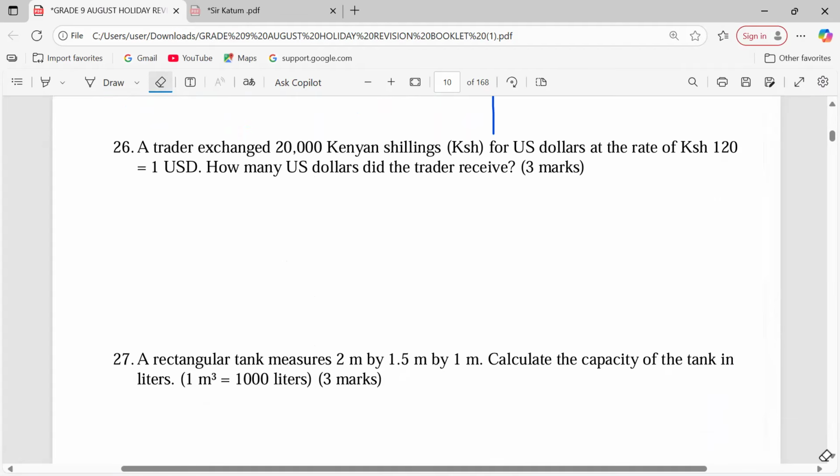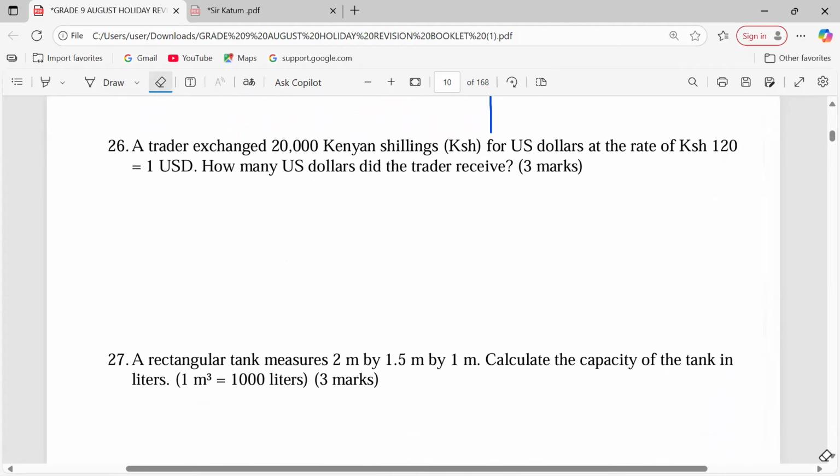Look at 26 in the same paper. A trader exchanged 20,000 Kenya shillings for US dollars at the rate of 120 Kenya shillings equals to $1. How many US dollars did the trader receive? So 120 Kenya shillings equals to $1.